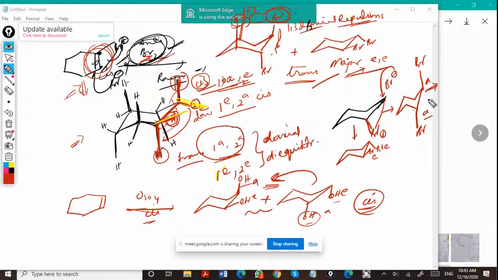Okay, so let's work out some more examples. You can take a screenshot or you can write also. These are very important for the substitutions on the cyclohexane, so make a note of this.